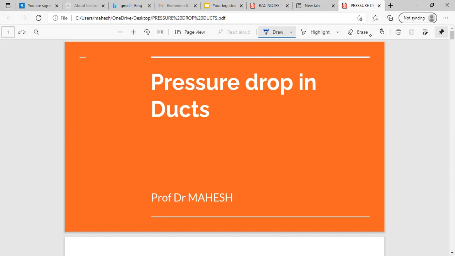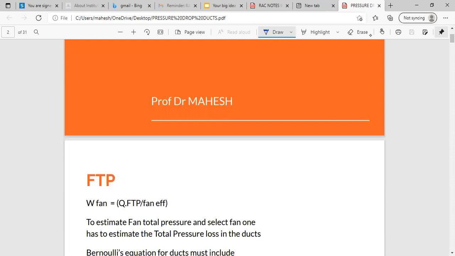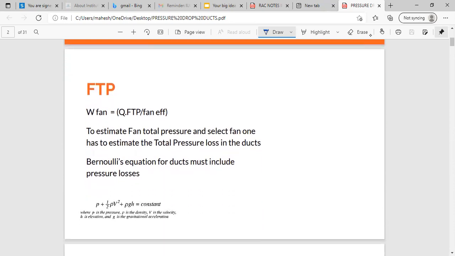So we would begin with the concept of what is known as the fan total power. Fan total power is related to the fan total pressure.